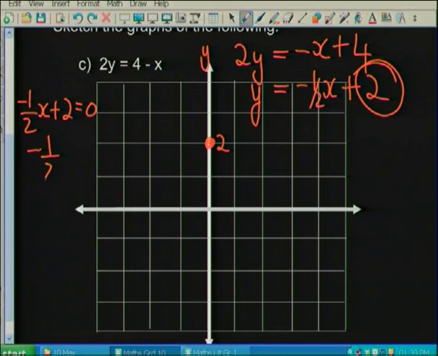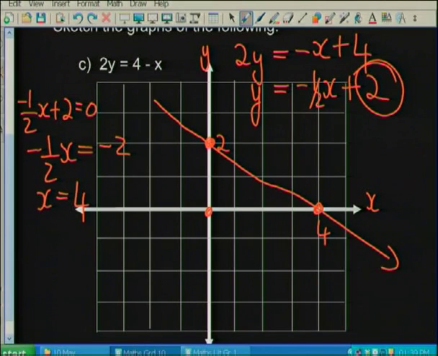Minus a half x equal to minus 2. Multiply through by minus 2, and I get x is equal to 4. And 1, 2, 3, 2, 3, 4. And quite simply connect those. Obviously, you will do so using a ruler.